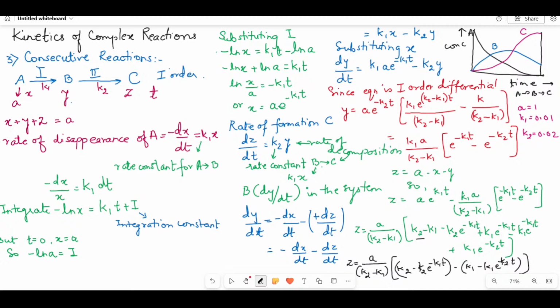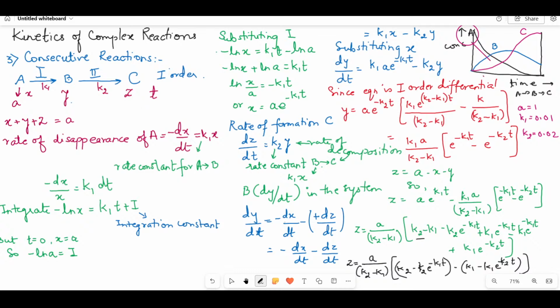Now from this plot, we can conclude that concentration of A falls continuously.